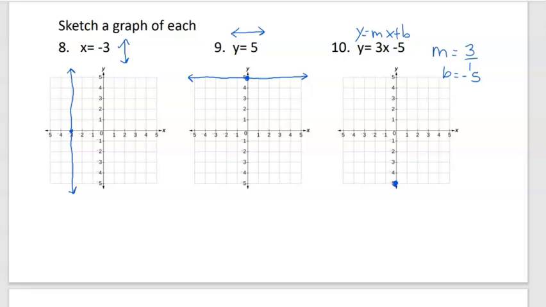From there, I go up 3, 1, 2, 3, right 1, up 1, 2, 3, right 1, up 1, 2, 3, right 1, and then I'm going to do my best to connect this to make a straight line, although I know it's going to be kind of rough since I'm drawing this using a tablet.